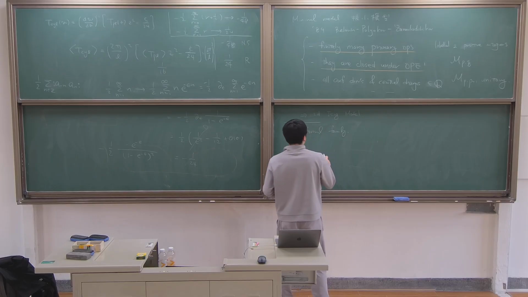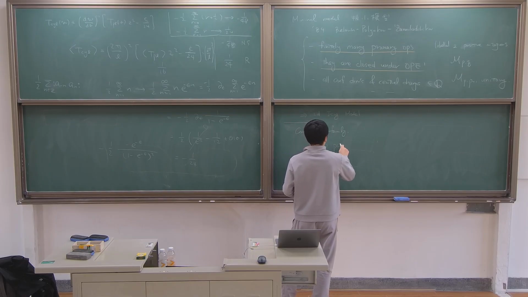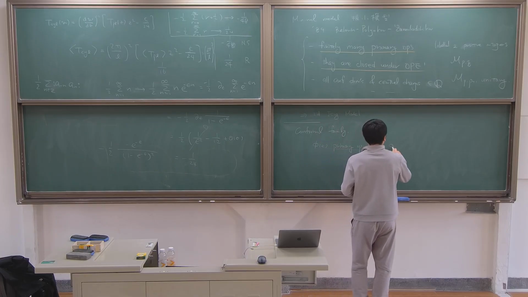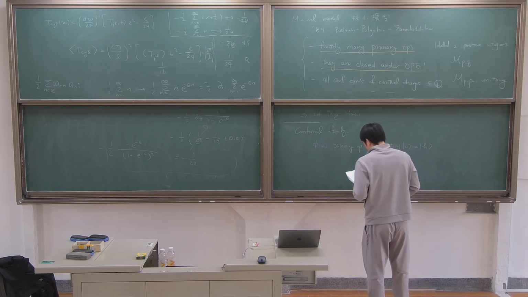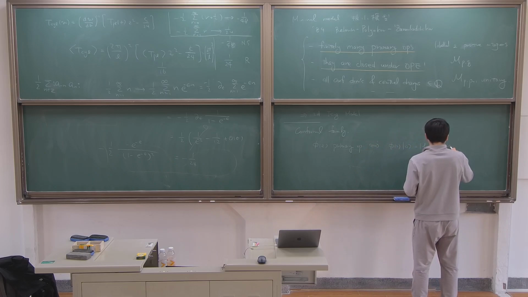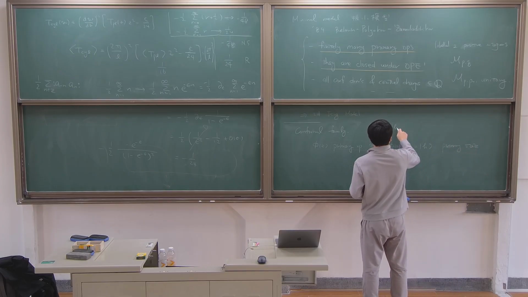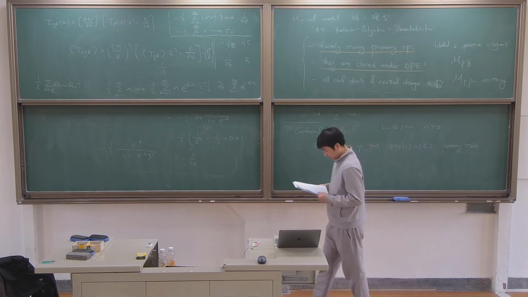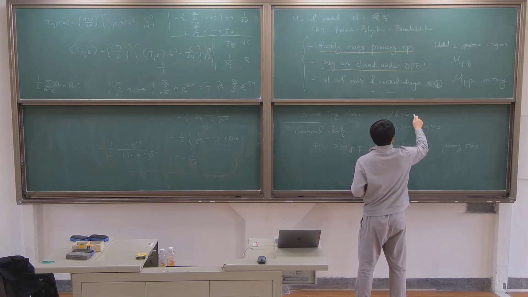So if you have a primary field phi, a primary operator, there is the state-operator correspondence to a primary state. It is defined by Ln acting on it equal to 0 for n greater than 0, and L0 acting on it gives h.